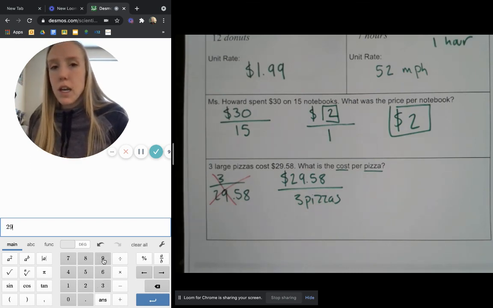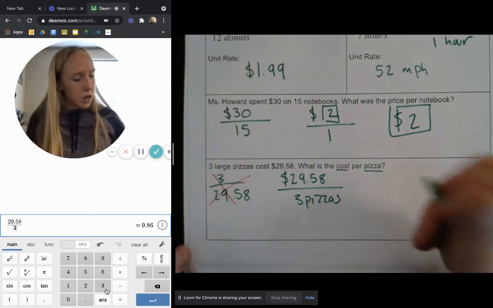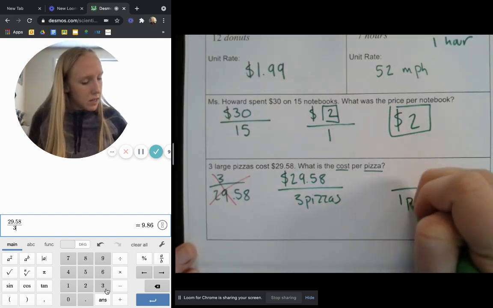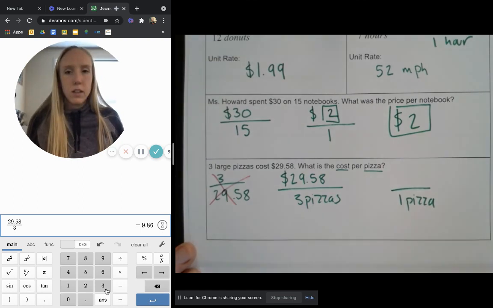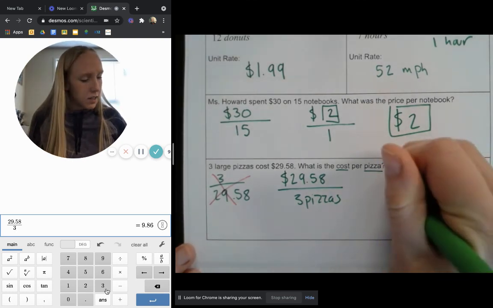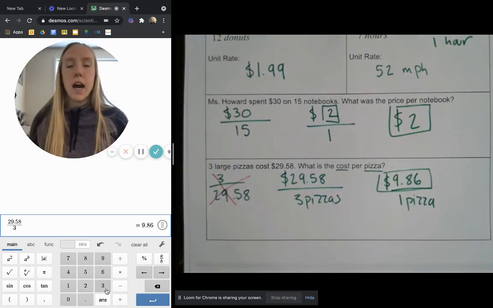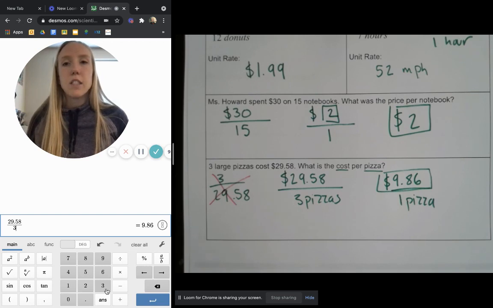So 29.58 divided by 3. And it gives us our answer for one pizza. It is $9.86. So our unit rate, our unit price is $9.86. That is the price per one pizza.